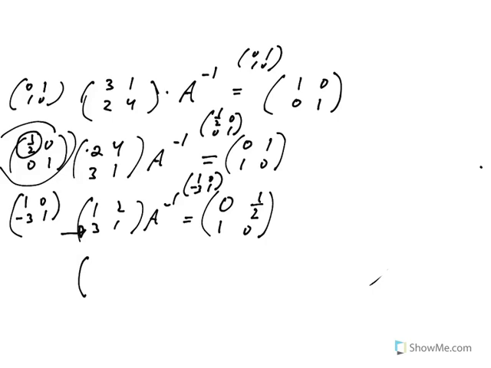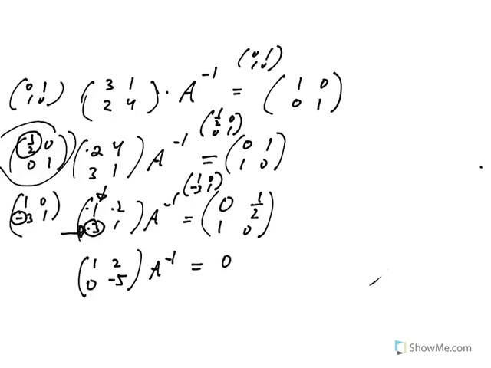Notice how this number is just the opposite of this number. And that's why we wanted to have a 1 up here, because this row operation basically does -3 times 1 plus 3 is 0, -3 times 2 is -6, plus 1 is -5.